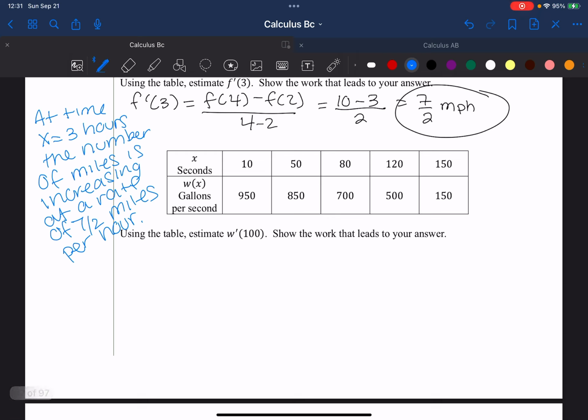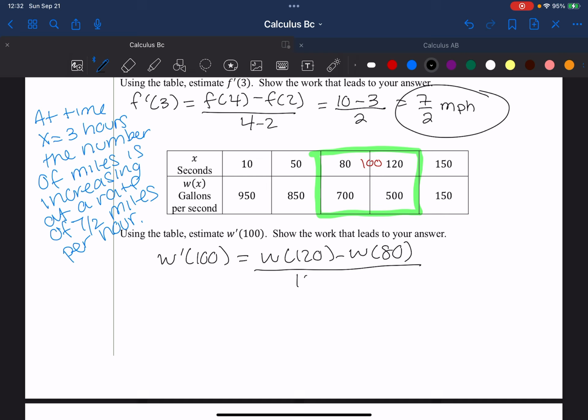So it says use the table and estimate W prime of 100. Notice x is seconds and W of x is gallons per second. Well, I don't see a 100, but I know 100 is between 80 and 120, so I'm going to be using these 2 points surrounding 100 to estimate. So I have W prime of 100 is equal to W of 120 minus W of 80 over 120 minus 80.